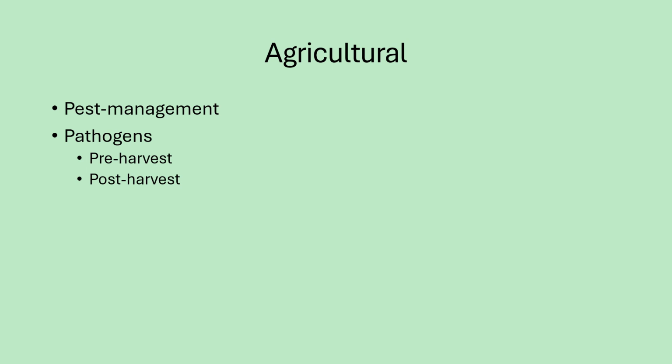Now, if you manage to grow the plant and harvest your product, you've got the flip side, what we call post-harvest pathogens. Some are just hanging around waiting for you to get those nice juicy strawberries, because I don't care about the plant, but I want to infect the strawberries.